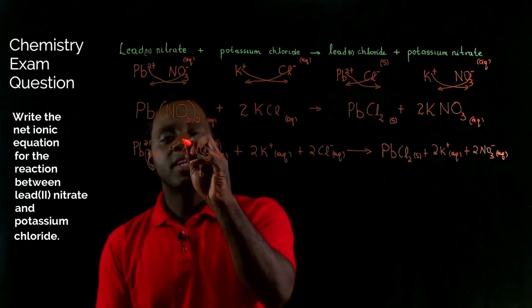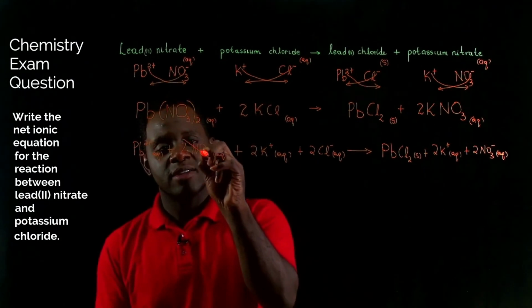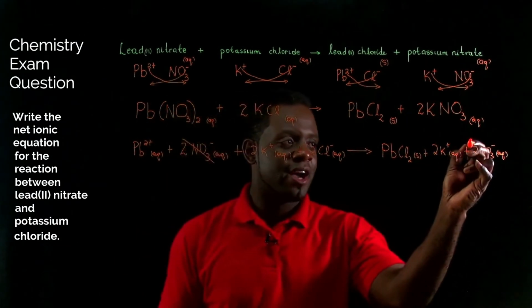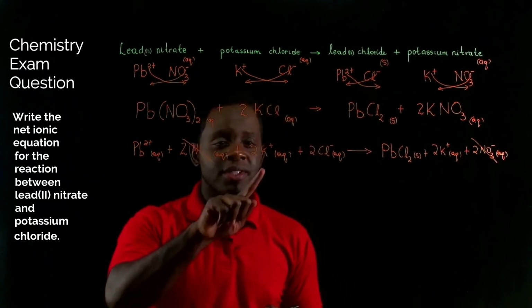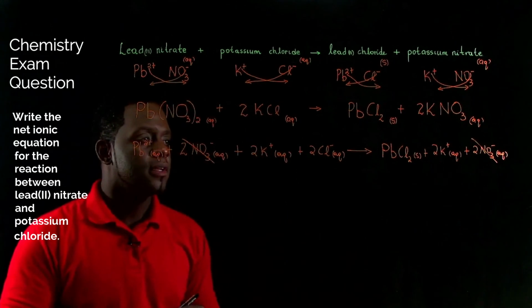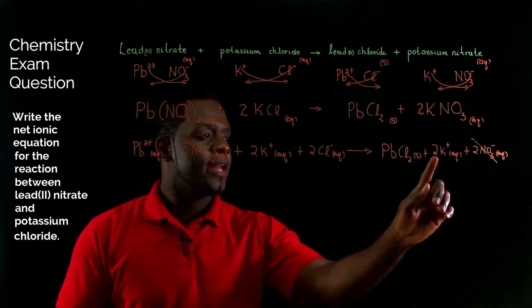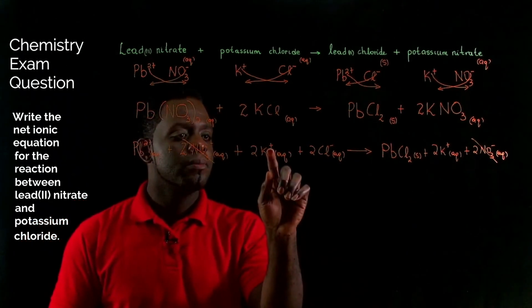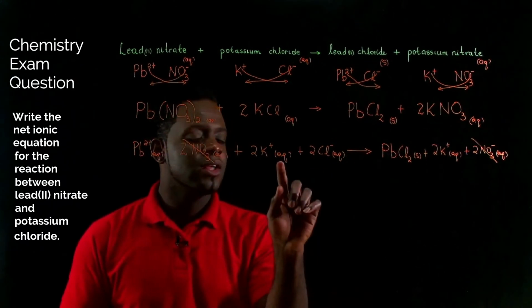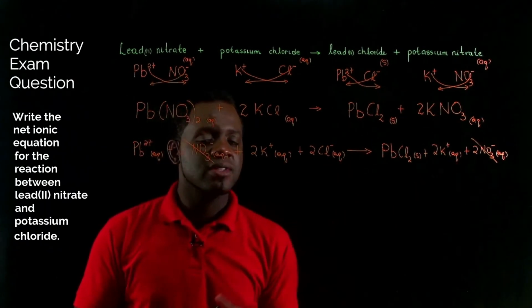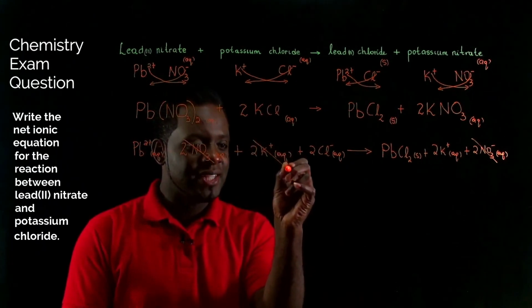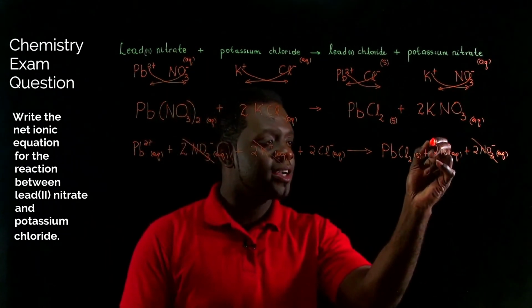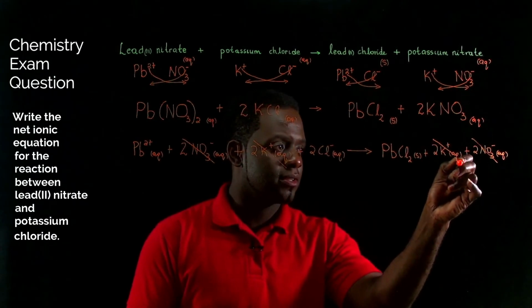So our nitrate ions are spectator ions. Now let's check our potassium. We have 2 and 2, +1, +1, aqueous, aqueous. The potassium ions need to be eliminated because they are spectator ions.